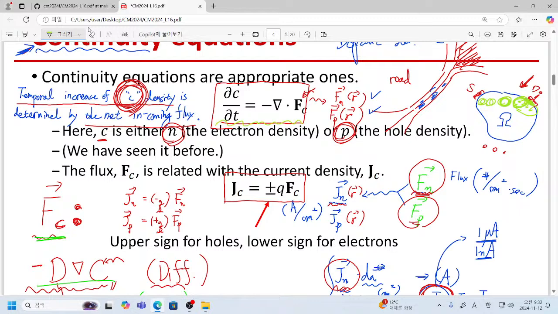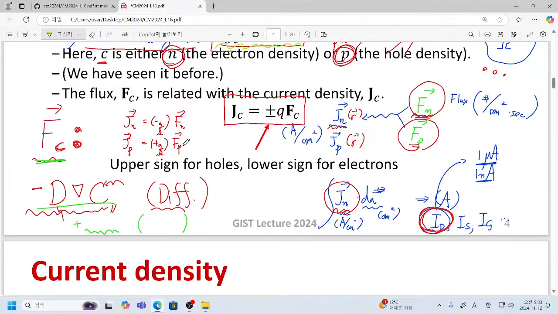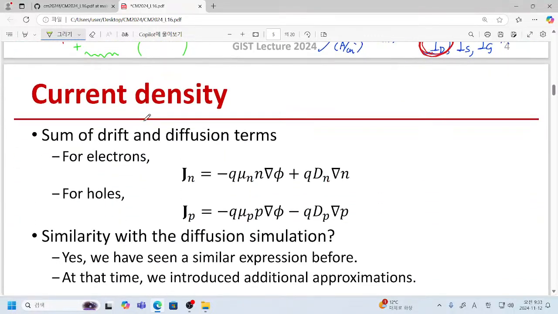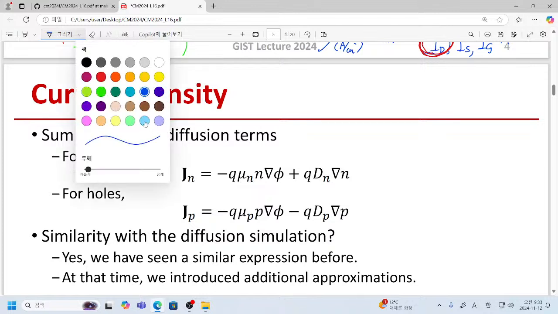So we cannot just divide the system and solve only the drain related part and the source related part. It's not possible. So that's the reason why we must consider the entire system and solve the continuity equation. I hope that it can be helpful to understand the motivation of this quite complicated solution procedure.